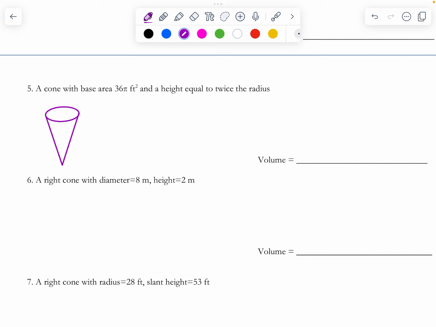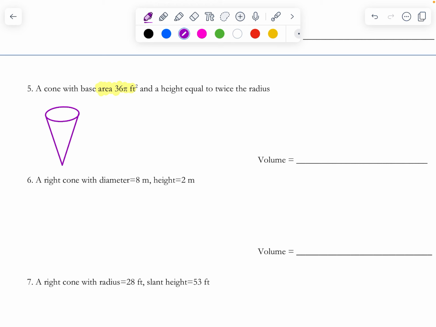So this could be my cone here. Now, the area of that base here is 36 feet squared. So right away, when they start telling you keywords like area, you should probably use the area formula just to find the radius or something.